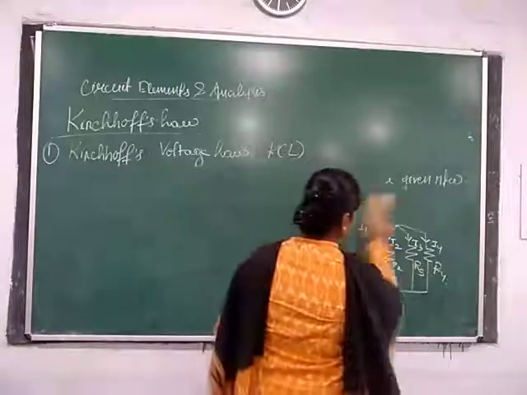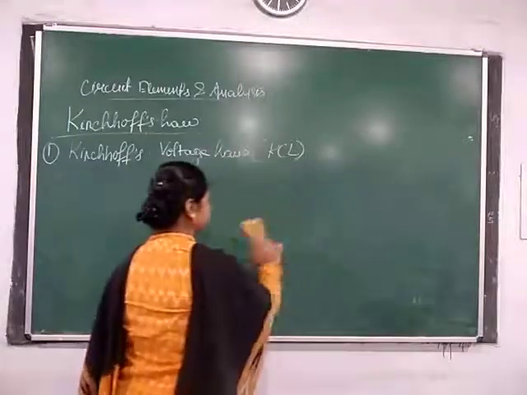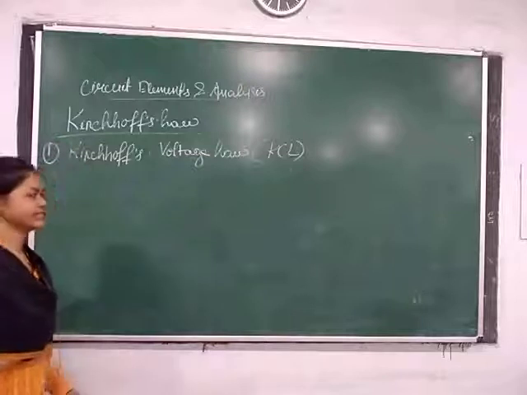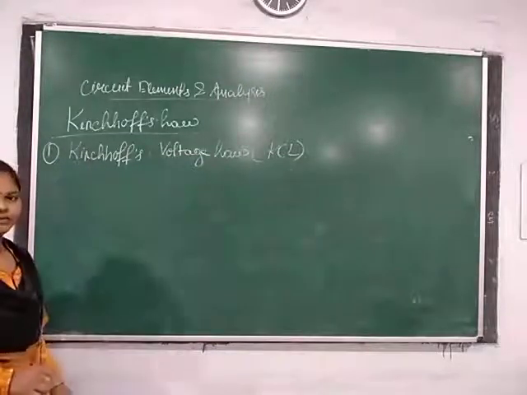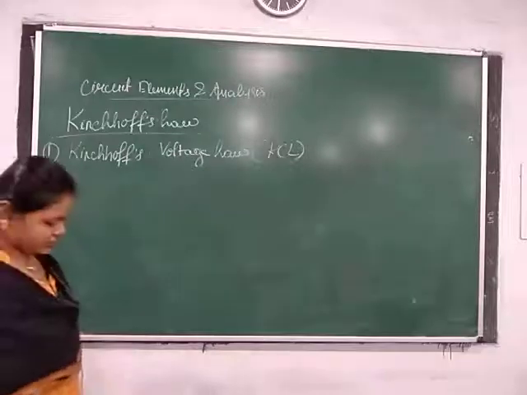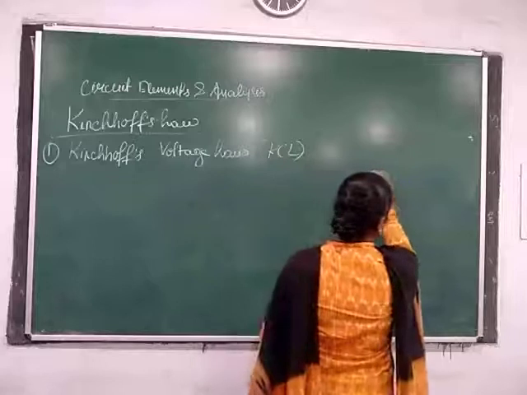Here in the voltage law, we see algebraic sum of voltages is 0. So what is that algebraic sum of voltages? Before going to this law definition, first I draw one electrical circuit.